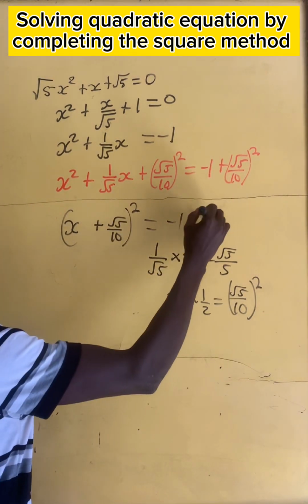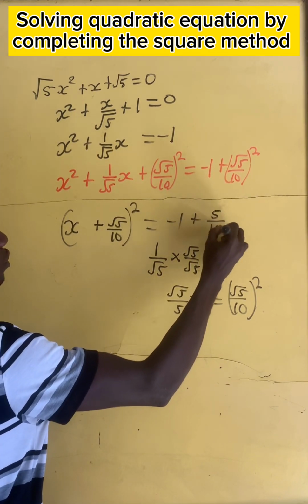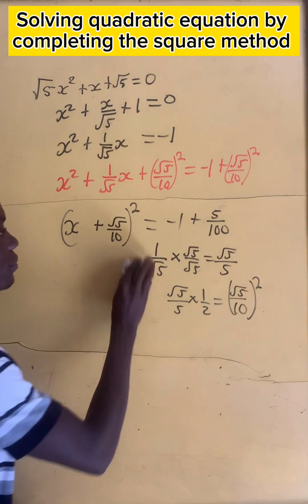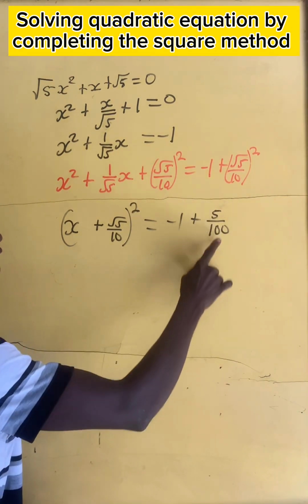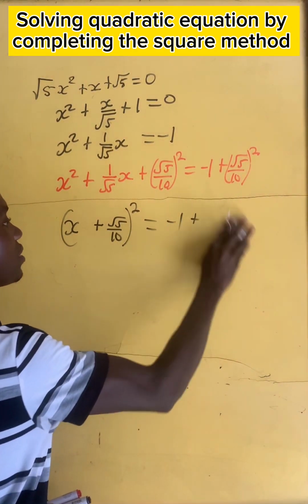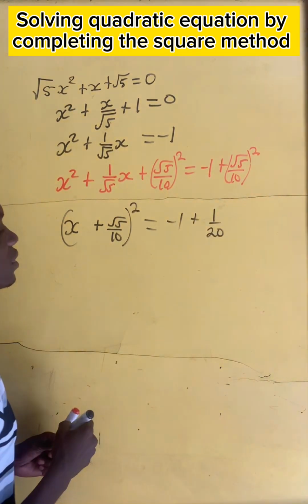If we square root 5, we get 5. If we square 10, we get 100. But 5 divided by 100 is the same as 1 out of 20. So let's do that one first. So this is 1 out of 20.